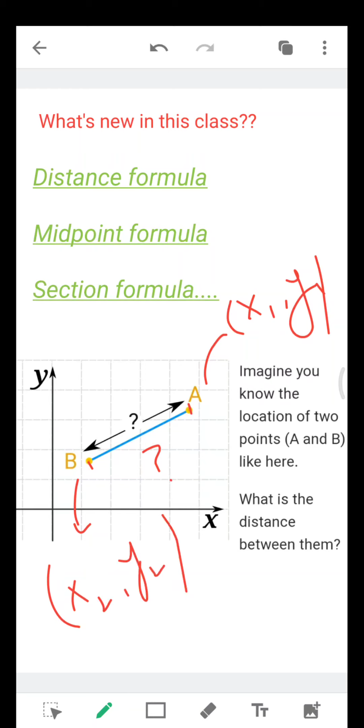We'll number them as x1, y1, x2, y2, whatever may be their positions. Okay, it doesn't matter, the points can be in any quadrant, they can be on any axis. What is the location of A, what is the location of B, that doesn't matter. So we will name them as x1, y1, x2, y2 always.